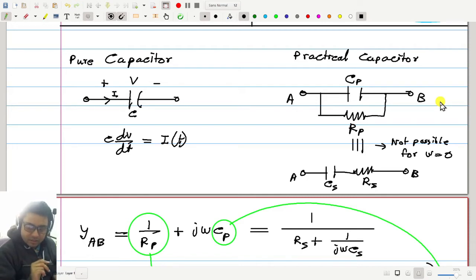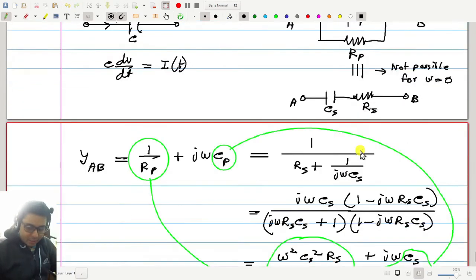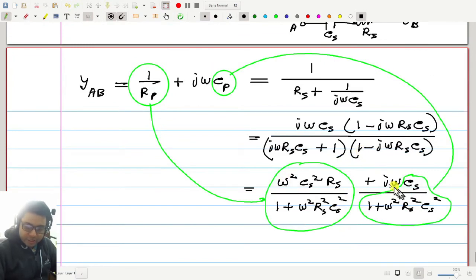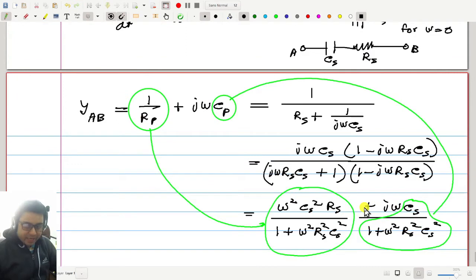And another thing, let me repeat that this equivalence is true for a particular frequency, a particular omega value. If you change omega, then this relationship will change. And this modeling that we are doing is particularly for one frequency application, like for AC steady state analysis, where omega is a constant value.